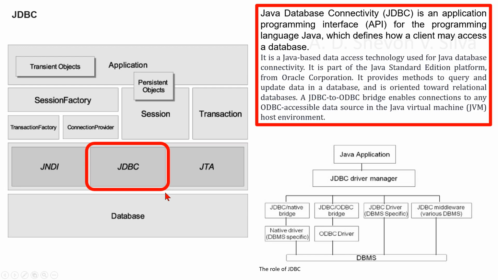It provides methods to query and update data in a database and is oriented towards relational databases. A JDBC to ODBC bridge enables connections to any ODBC accessible data source in the Java Virtual Machine, JVM, host environment.